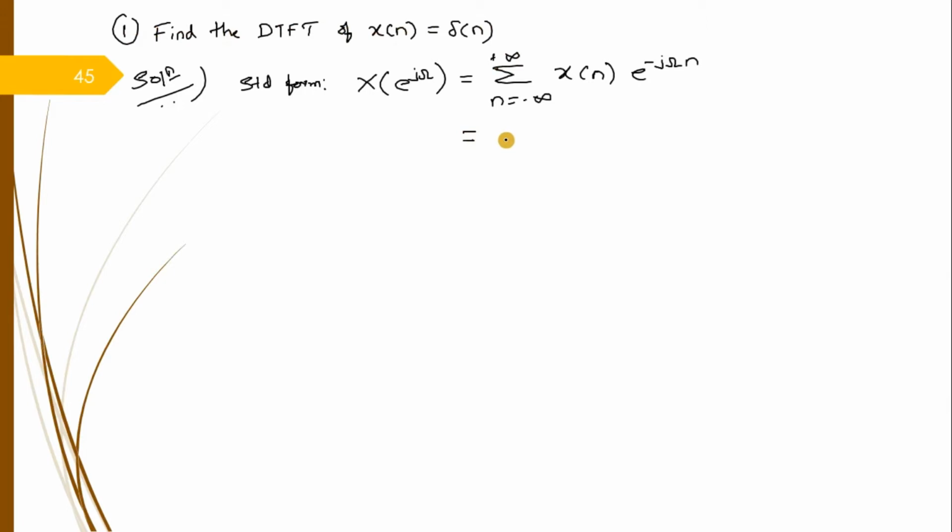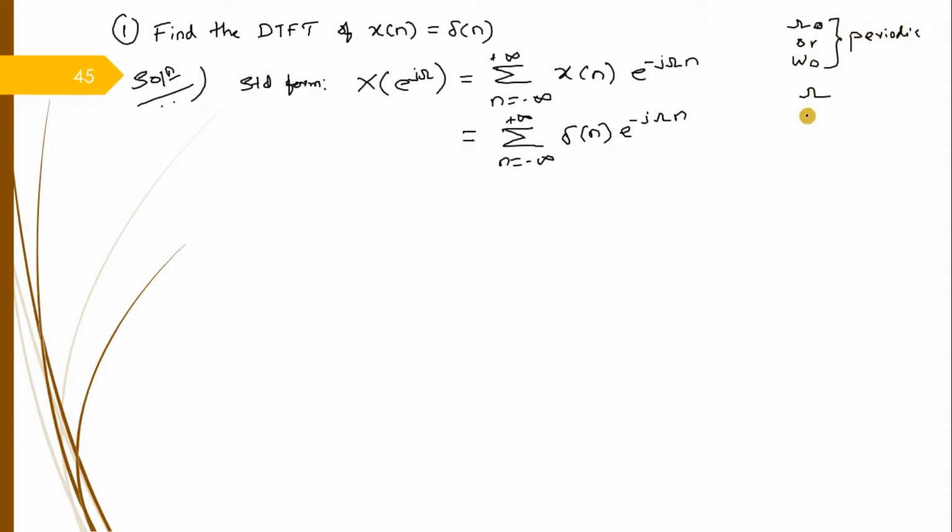This is equal to the summation from n equal to minus infinity to plus infinity, and in place of x of n, I have delta of n. And remember one thing, here we are writing only omega. In previous cases, in series, we were normally writing omega naught, or small omega naught; these we were using for periodic signals.